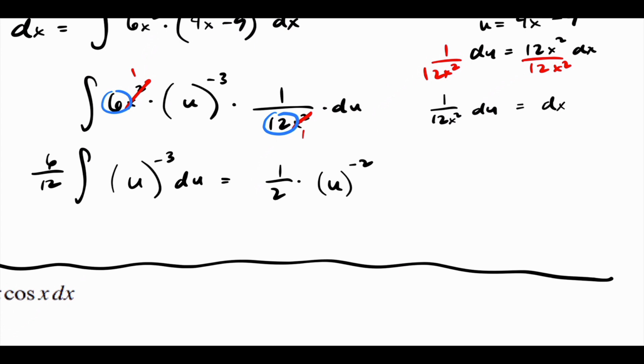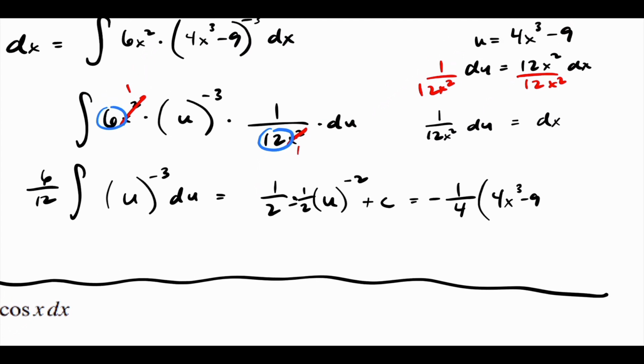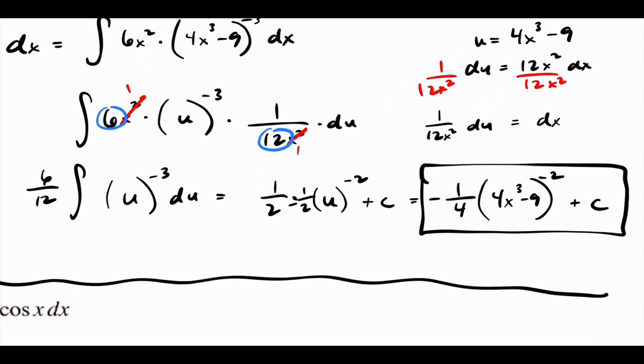Divide by negative 2, which is the same thing as multiplying by negative 1/2. Oops. So I get negative 1/4, move everything back in. Done.